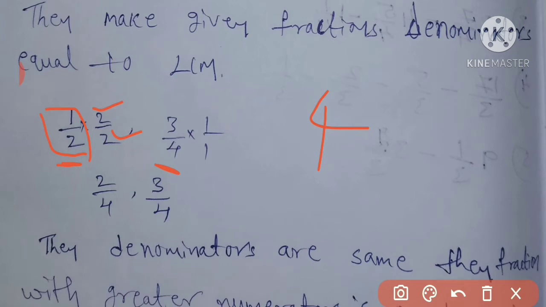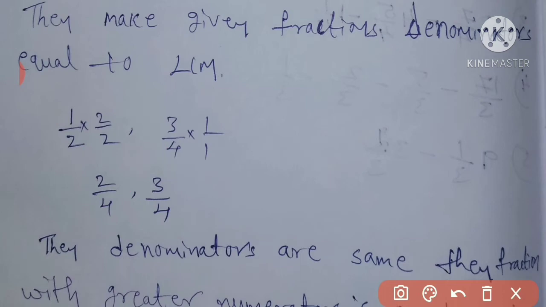Then 2 ones are 2, 2 twos are 4. Next, here in the denominator we already have 4. For that, divide and multiply this 3 by 4 with 1 by 1. So 3 ones are 3, 4 ones are 4.